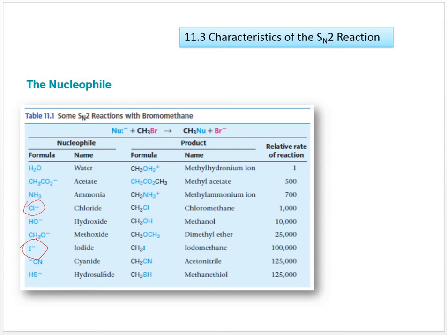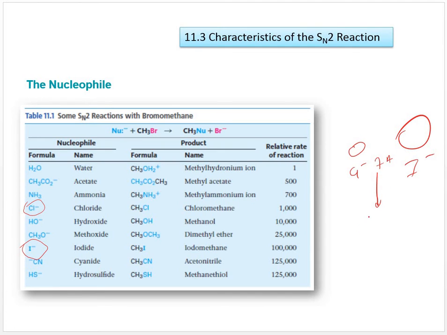So why does iodide react faster than chloride? Because it's more nucleophilic, or why can it donate its electron pair more easily? If you compare the size of the chloride anion and the iodide ion, we know that when we go down in 7A in the periodic table, the size increases.